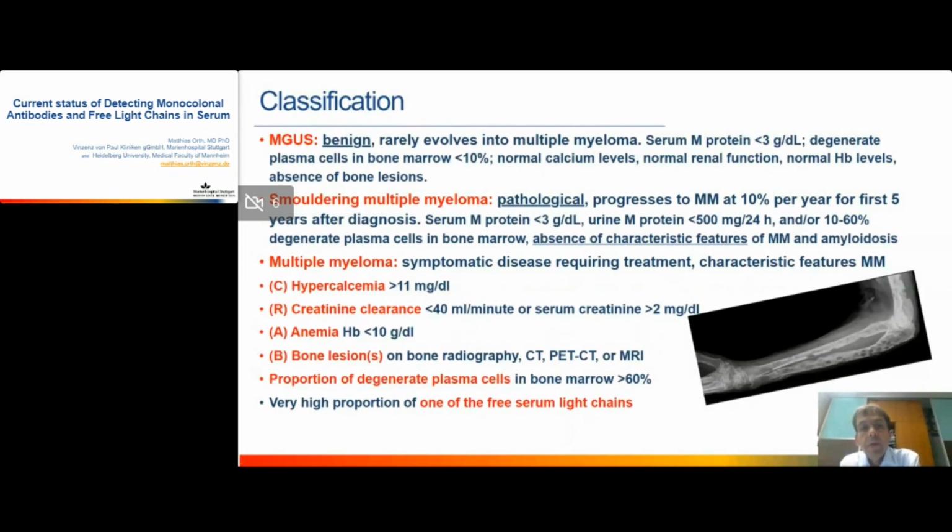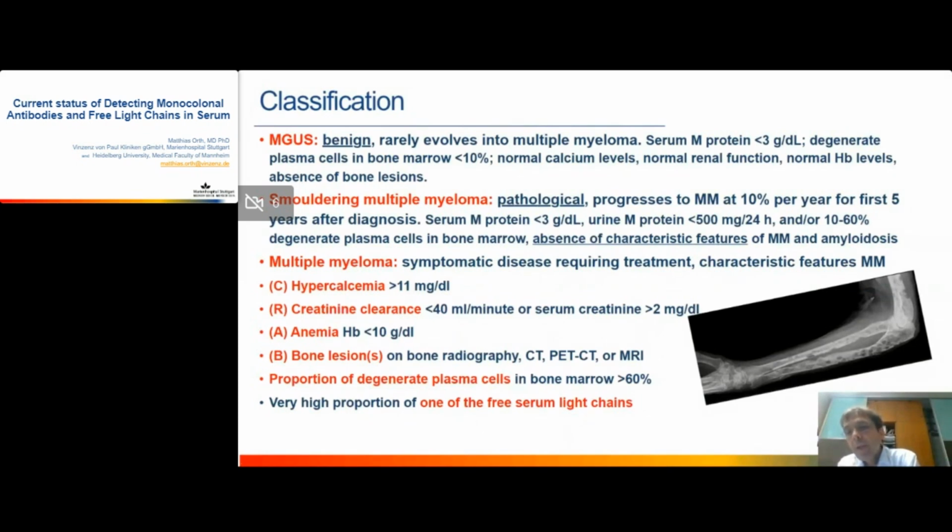Then we have the full diagnosis of multiple myeloma. It's a symptomatic disease which requires treatment, and the characteristics are this CRAB. This is hypercalcemia, a creatinine clearance lower than normal, bone lesions visible on bone radiography or CT or PET scan, anemia, and a high proportion of plasma cells.